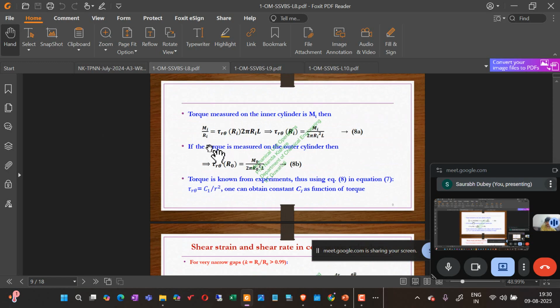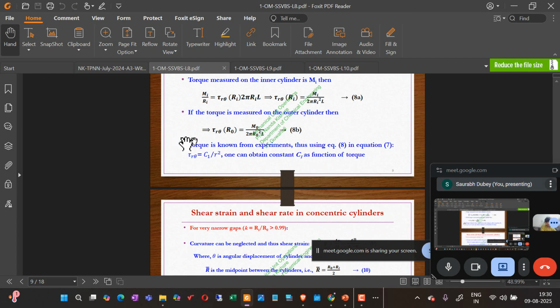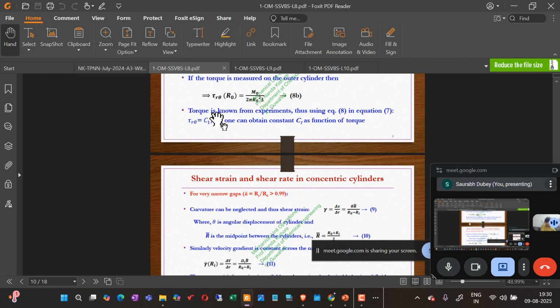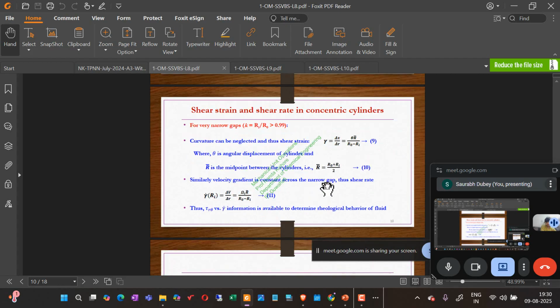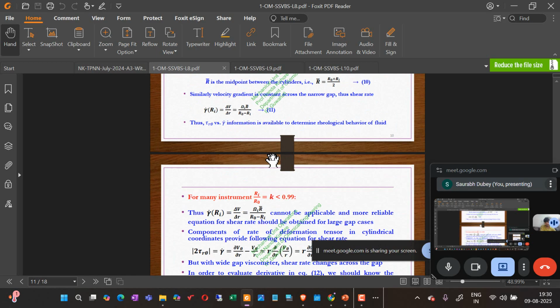Once you calculate it, you get to know that the torque is measured on the outer cylinder and the inner cylinder, and this C1 value will be related to the torque. Depending upon the gap between the inner cylinder and the outer cylinder, the gap will decide the accuracy of the assumptions that you had, and which equation you have to opt for in order to have the accurate solution, right?